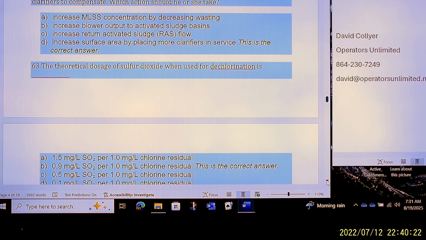B. Increase blower output to activated sludge basin. C. Increase return rate to the activated sludge. D. Increase surface area by placing more clarifiers in service. The answer to 62 is D. Increase surface area by placing more clarifiers in service.